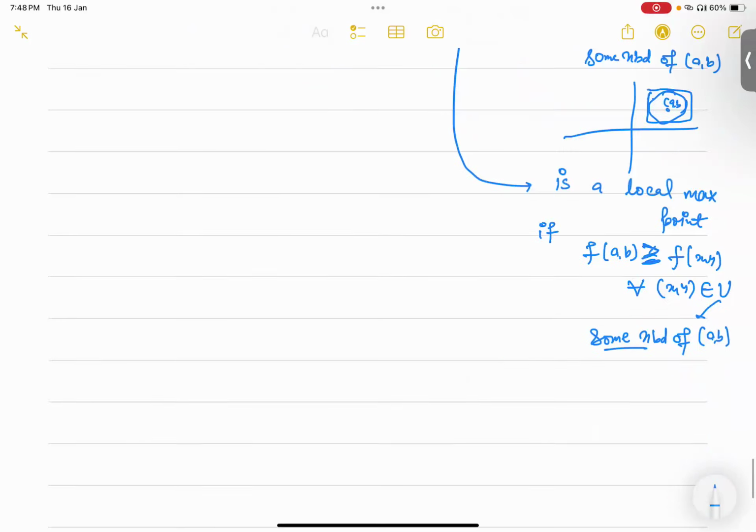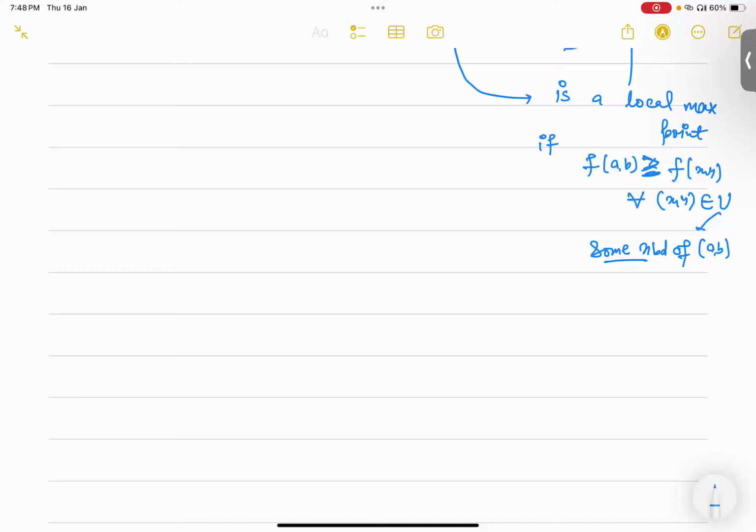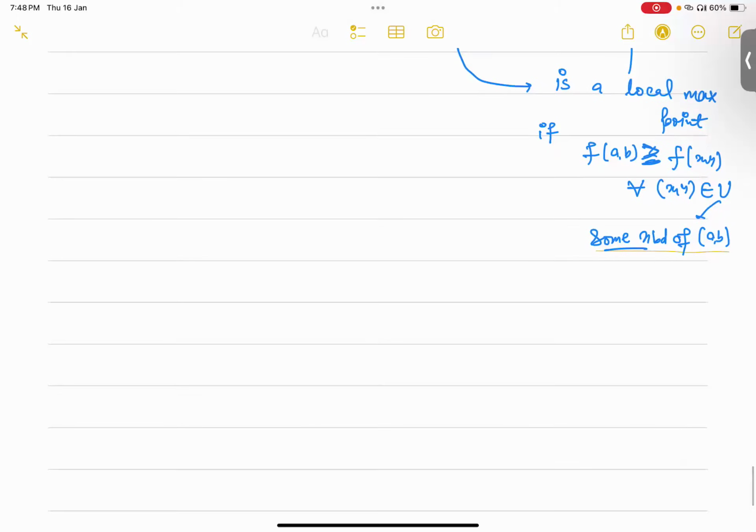In particular, I can ask you this. Suppose you have a function from R to R. What is a critical point? How do you define a critical point in the one variable case? Suppose a is a point in R. Am I audible to everyone?